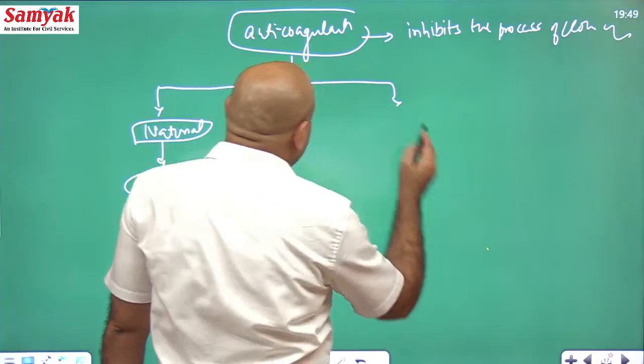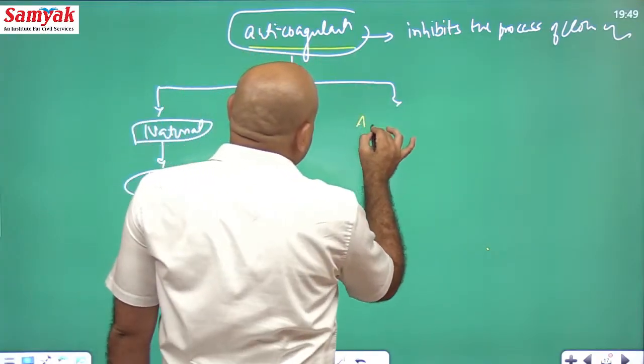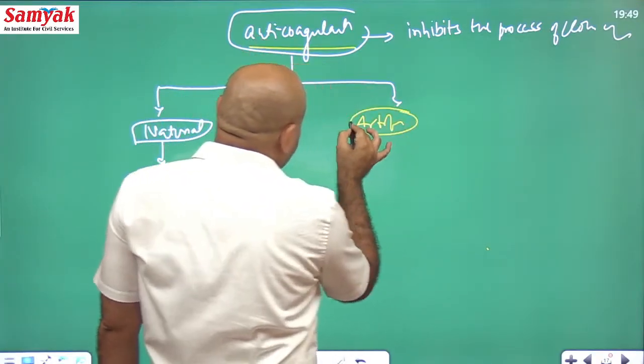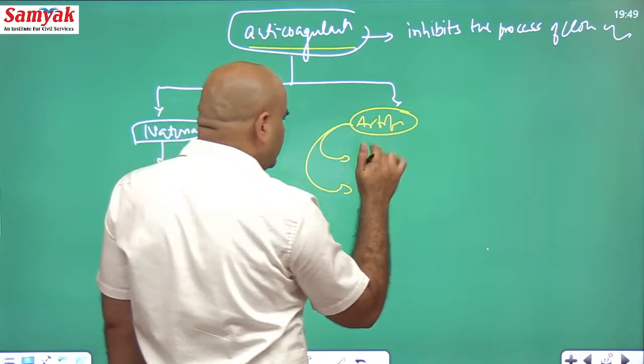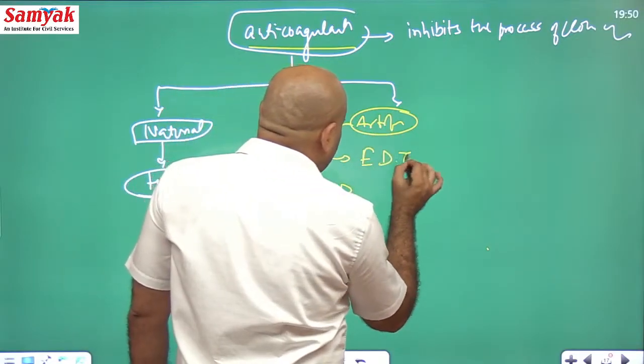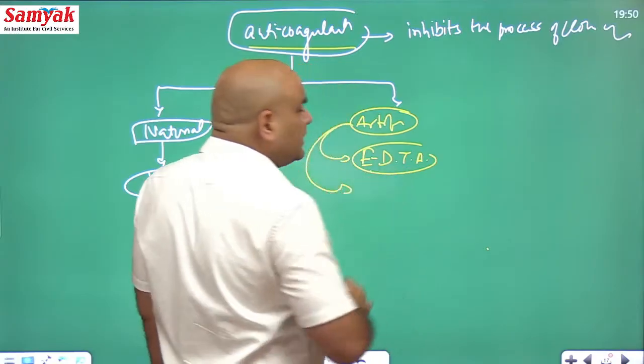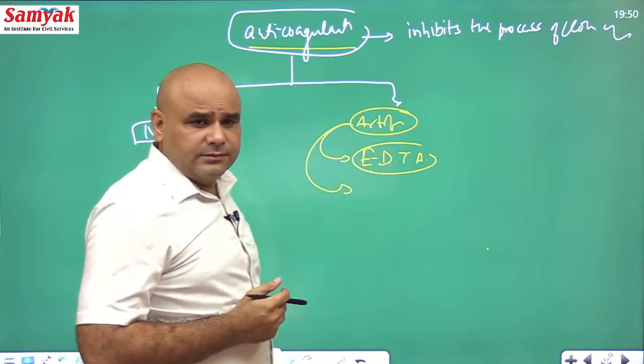Then there are anticoagulants which are artificial. Examples of artificial anticoagulants are 2. One is EDTA. Always remember the full form of EDTA, ethylene diamine tetraacetic acid.